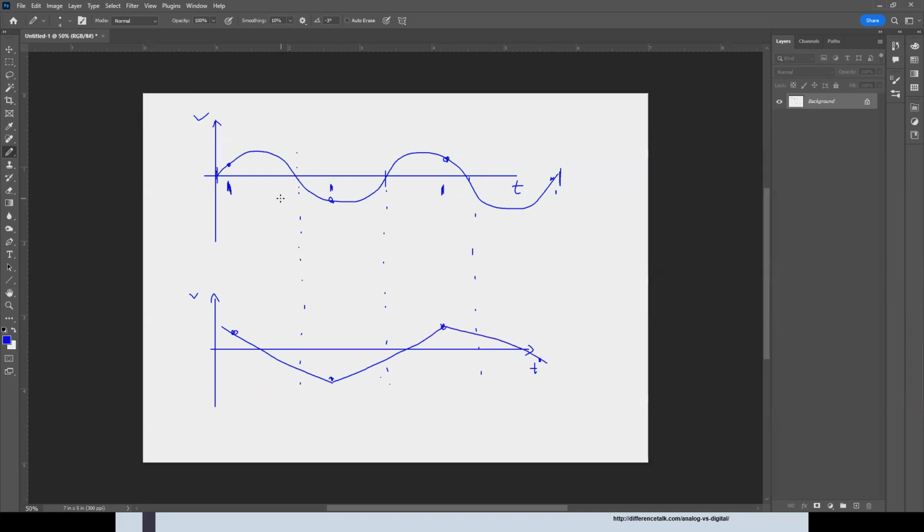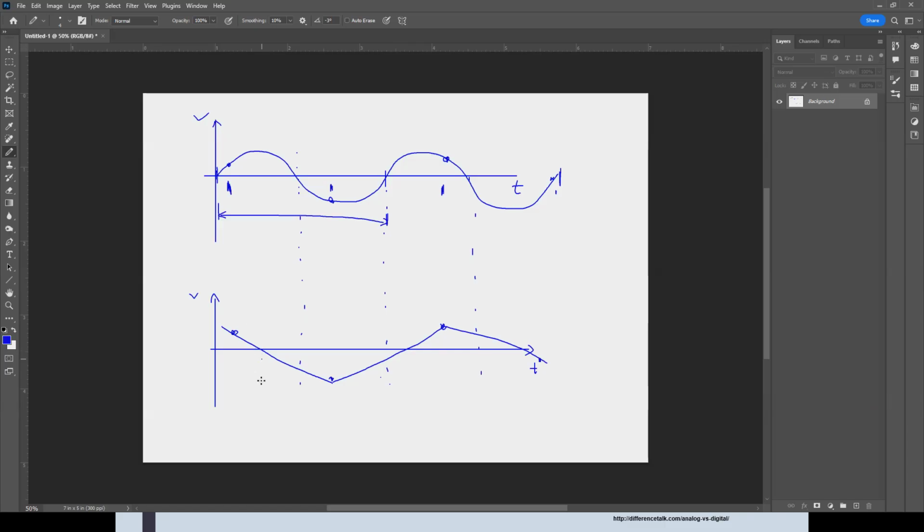What will be the period of this thing? From here to here, this would be our period, based on which we can calculate the frequency. Translate that into this thing here. Where do we have our period?